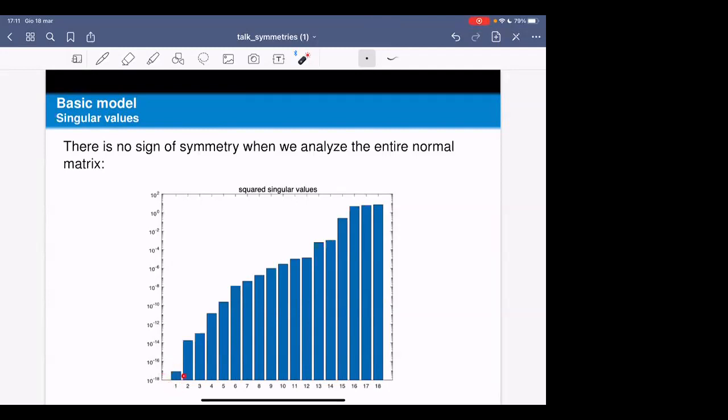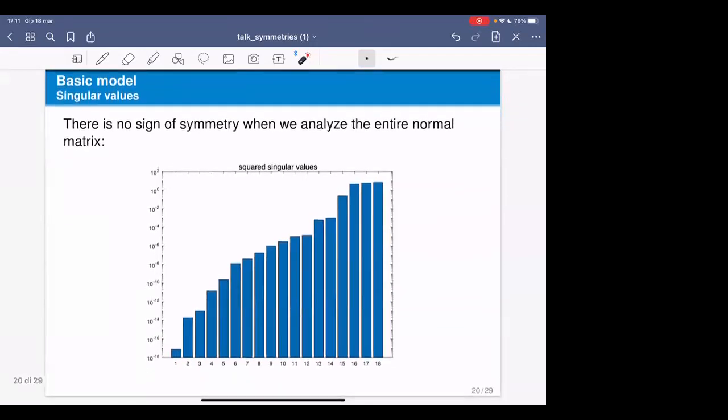Yes, there is an eigenvalue which is smaller than the others, smaller than 10 to the minus 16. Okay, but we should find 3 of them. Where are they?